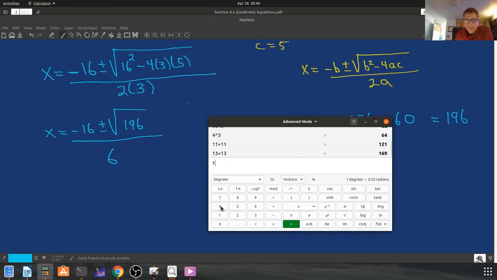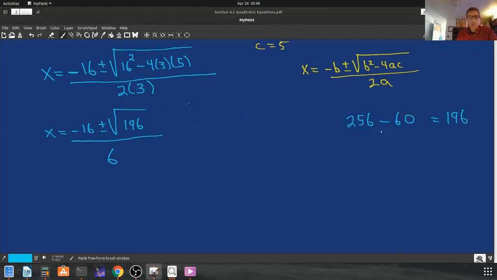Well, 14 times 14, that's 196. So that gives x is equal to minus 16 plus or minus the square root of 196, which is 14, over 6.